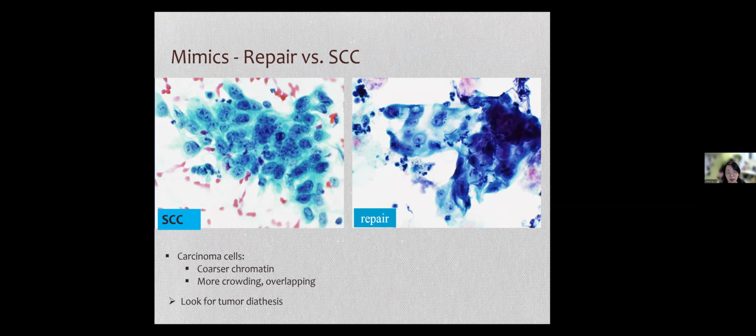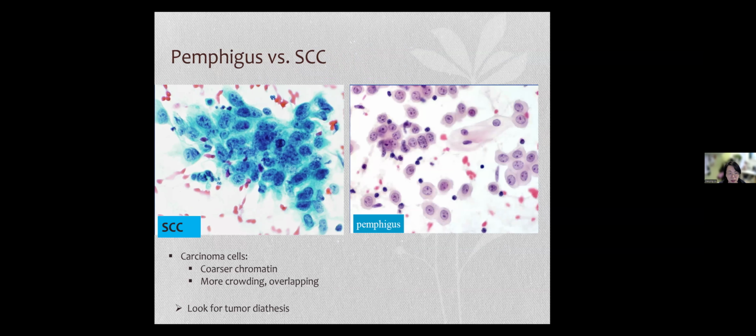Now the mimics. As I mentioned before, reparative change can mimic squamous cell carcinoma. On the left-hand side, that's a true squamous cell carcinoma, with all the features there: coarse chromatin, macronucleoli. The repair has very fine nuclear chromatin and a very smooth nuclear contour, you have that background of reparative changes, and there is no diathesis.